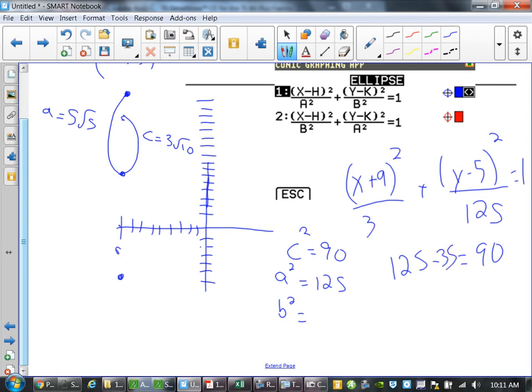So there's a b squared. But a lot of times you probably won't need to go that far if you're able to figure out what direction things are being stretched. Once you get that, then you know where the larger one is going to go. You're able to figure out real quick that the 125 is the a squared.